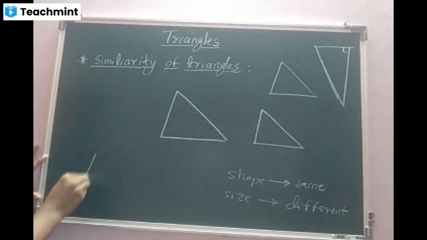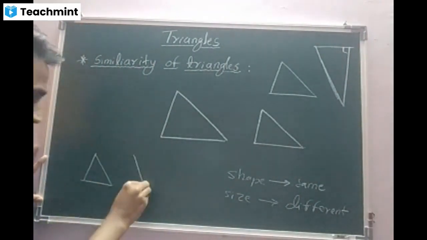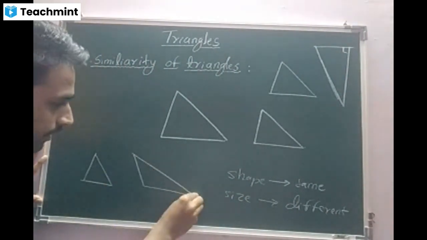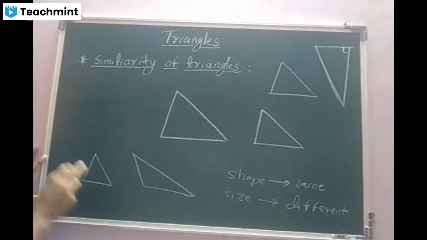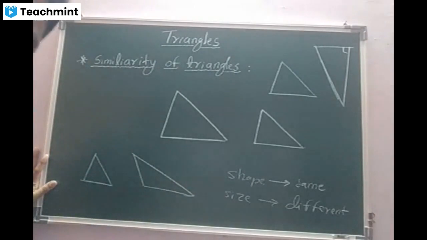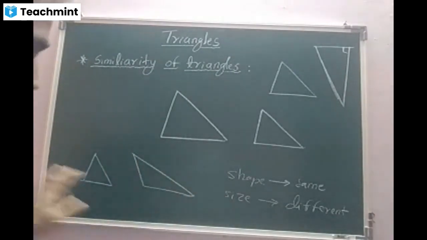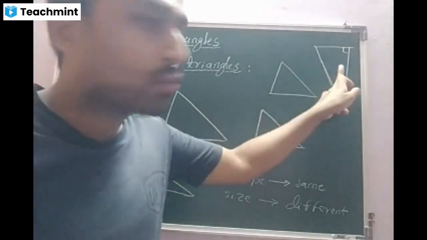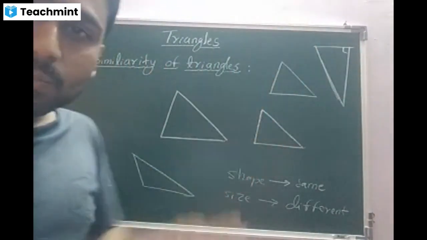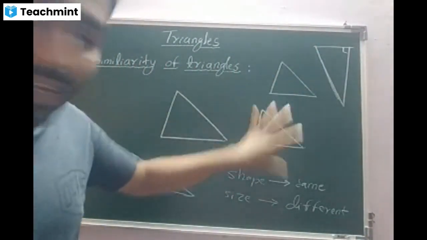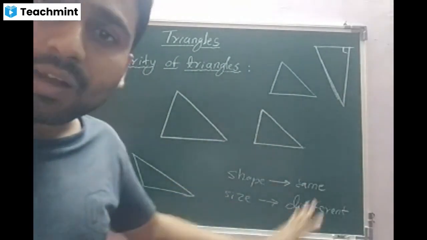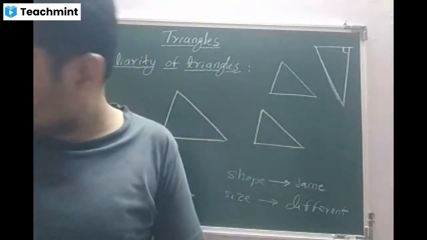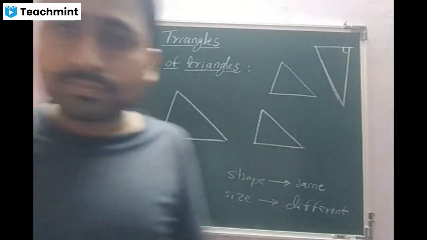If I take one small acute angle triangle like this, and one obtuse angle triangle like this, do you feel these are similar? No, sir. You can understand the shape is going to be changed here. Here also the shape is going to be changed. The concept is shape should be exactly same, only the sizes have to differ. Understanding? Yes, sir.